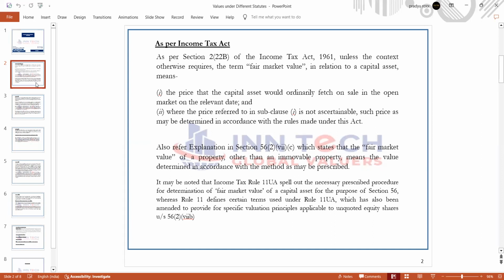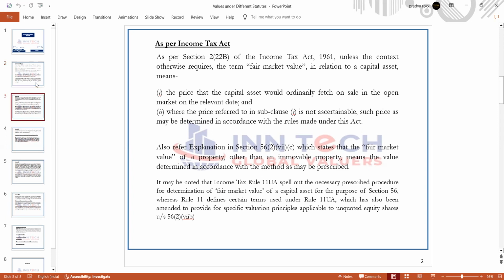That is a challenge which we are proud to say we have undertaken, and we could justify and solve the cases of the clients.